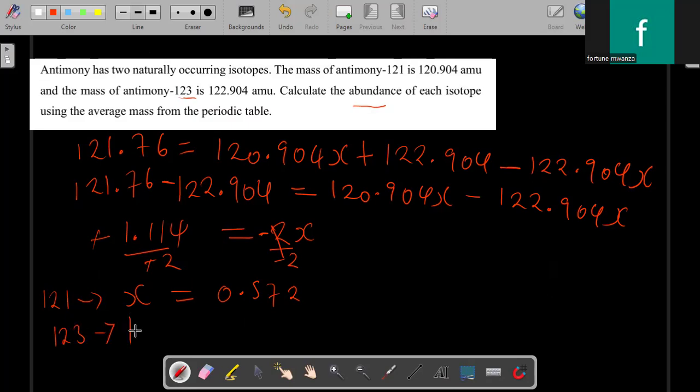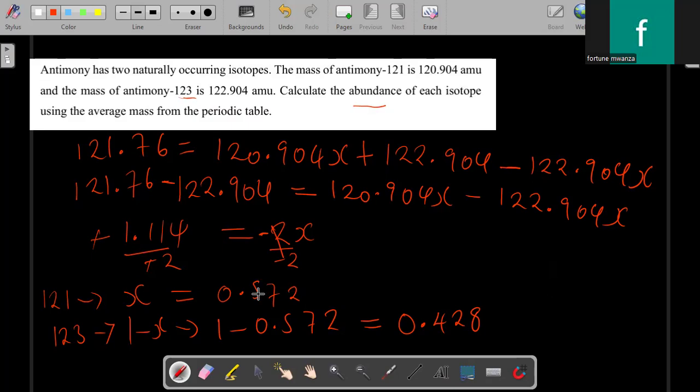We said we get 1 minus our value of x. So in this case, we're going to get 1 minus 0.572, to get the value of the ratio for my isotope 123, which will be 0.428.